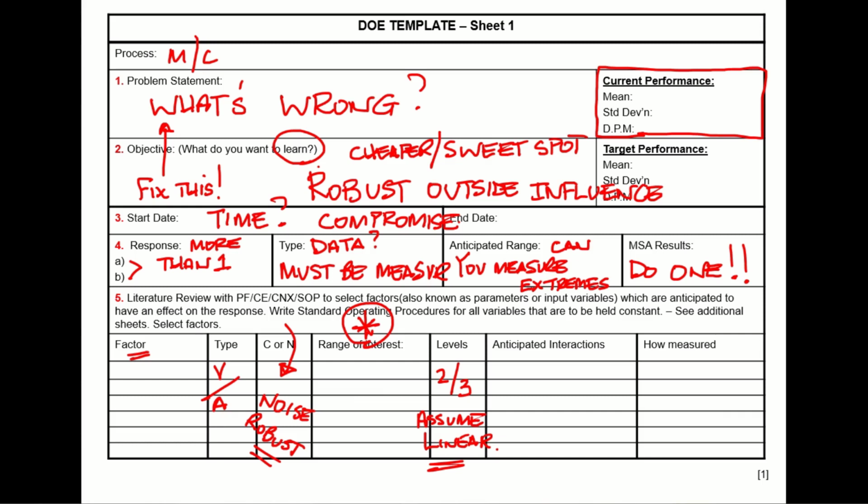So the next question is L12, the anticipated interactions. Now the L12 is sensitive to too many interactions. It will light up like a Christmas tree if there are lots and lots of interactions in it. Now personally, I've never seen this happen in 25 years, but I do know that it's a risk.